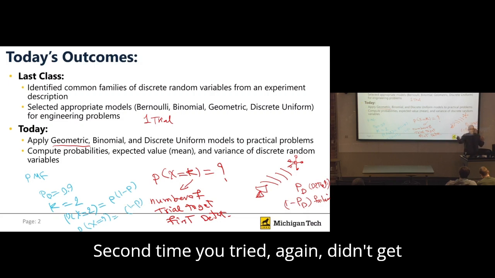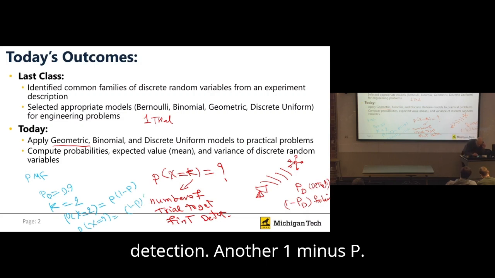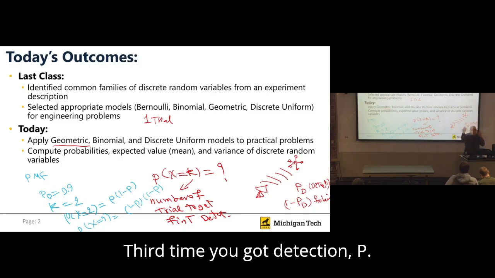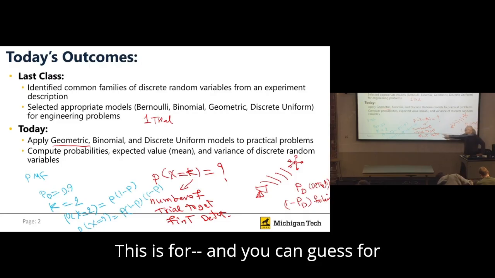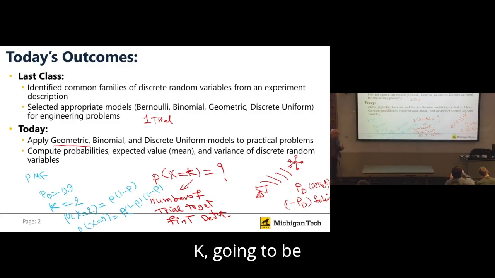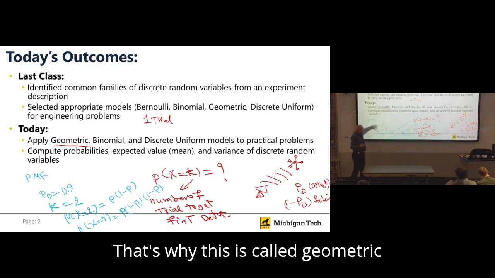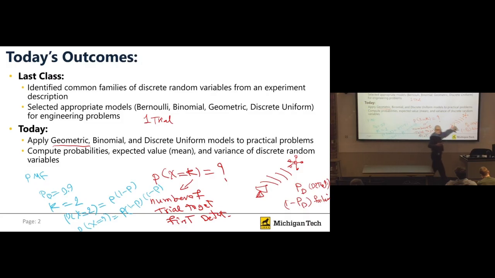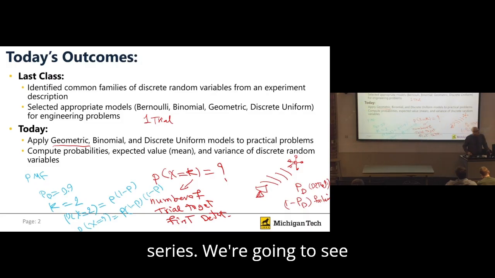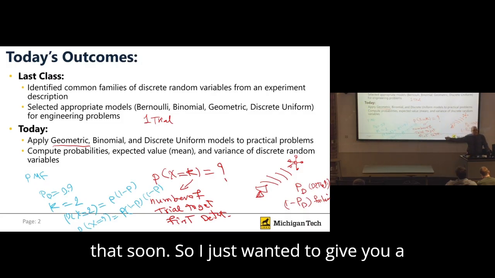The second time you tried, again didn't get detection, another 1 minus p. The third time you got detection, p. And you can guess for k, it's going to be p times 1 minus p to the power k minus 1. That's why this is called geometric, because it's a geometric series. We're going to see that soon.